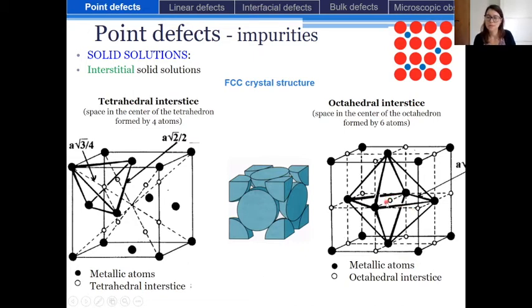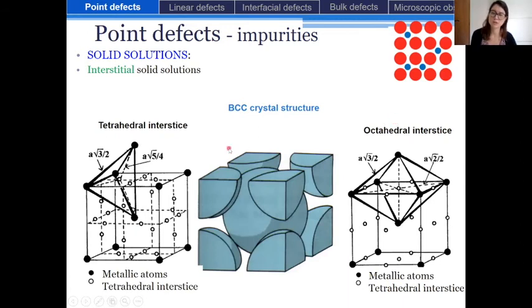And so by applying this definition and finding the different tetrahedra and octahedra in the unit cell, you will find the number of octahedral and tetrahedral interstices in your crystal structure. So this was the explanation of the tetrahedral and octahedral interstices in the FCC crystal structure.